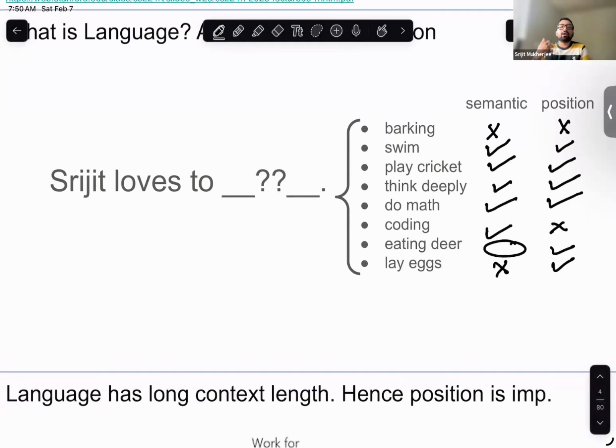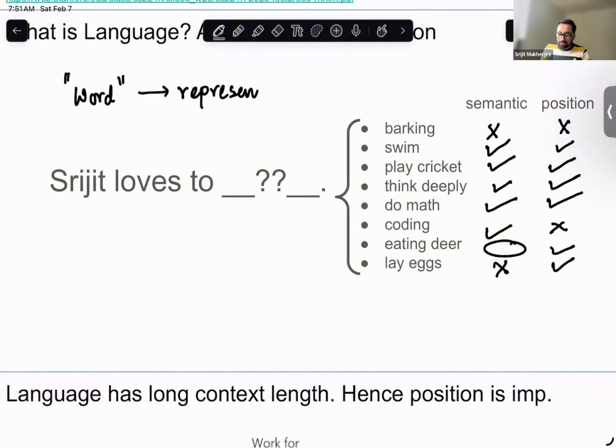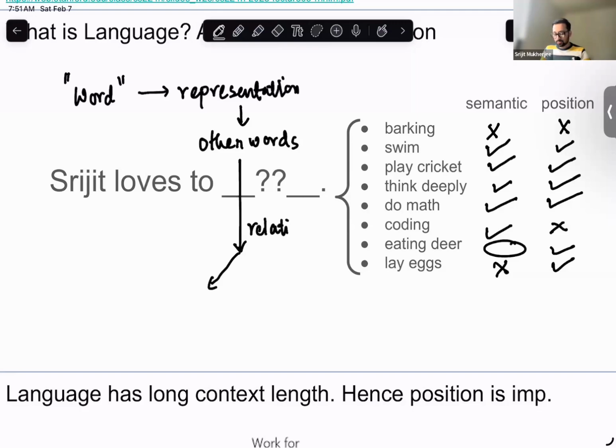What I wanted you to understand here is that language, or every word, is not alone. Its representation should come from its relationship with the other words. And the relationship has two components: one is the meaning of the relationship, and the other is position.